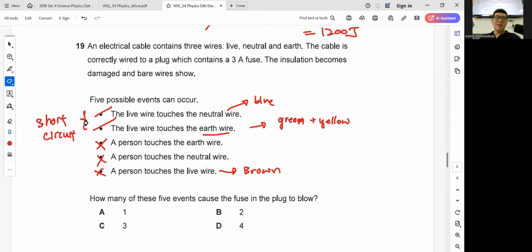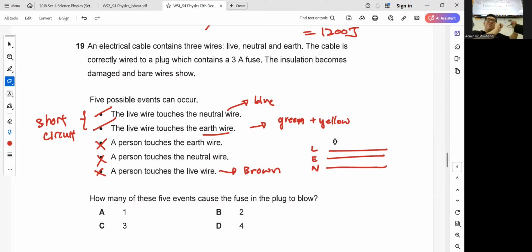Over time, wear and tear, the wiring tends to come out. So when you look at your live, neutral, and earth in the plug, over here you have all your live, neutral, and earth in one single wire.